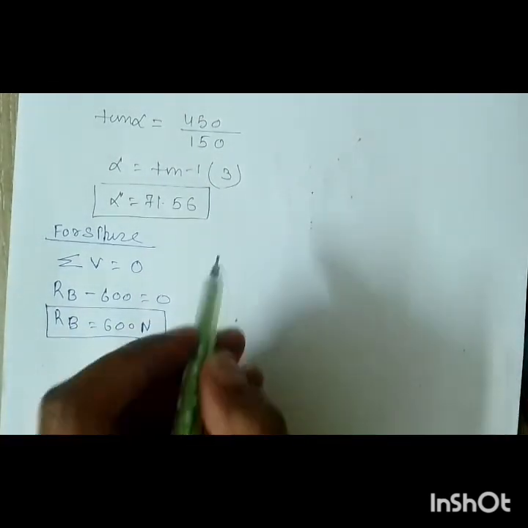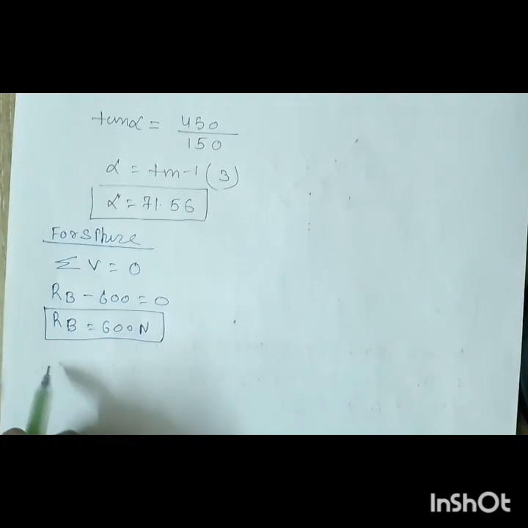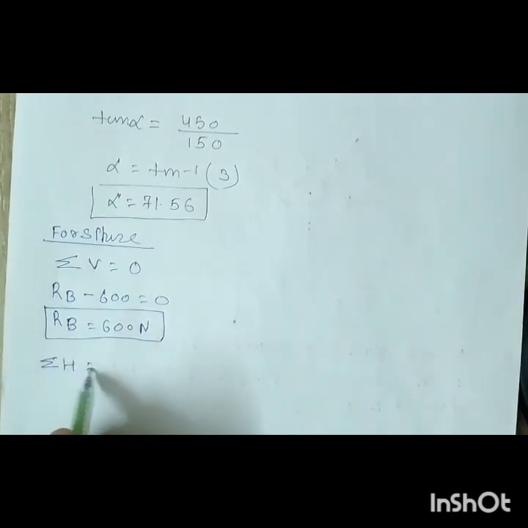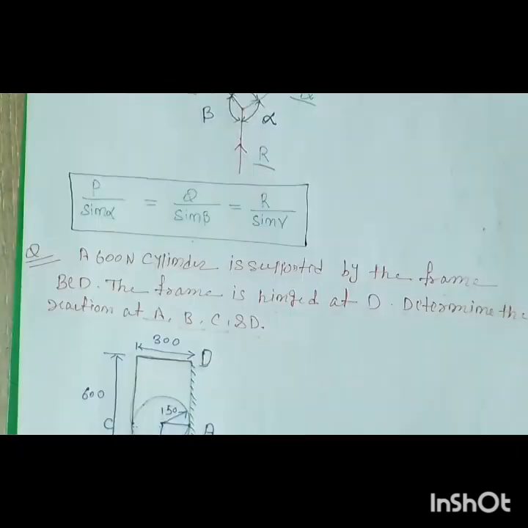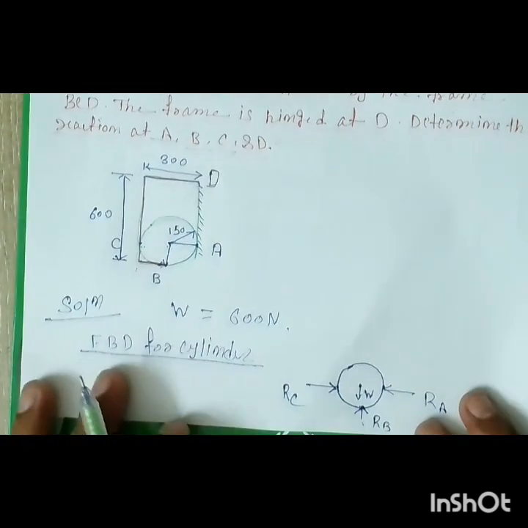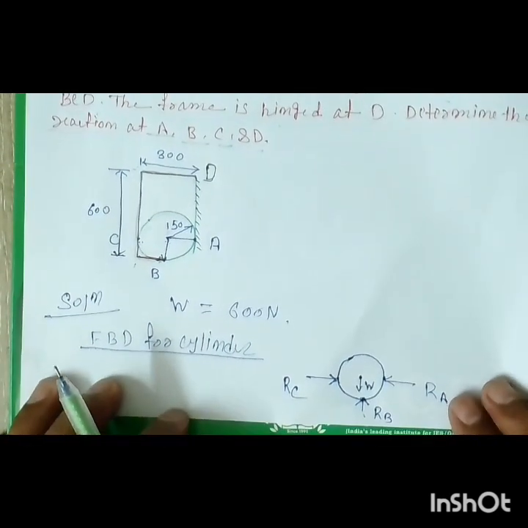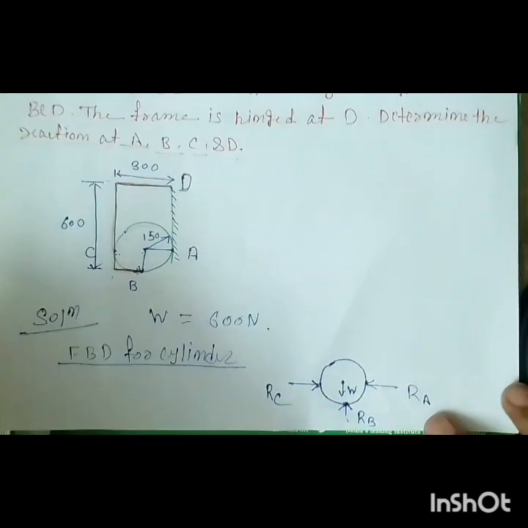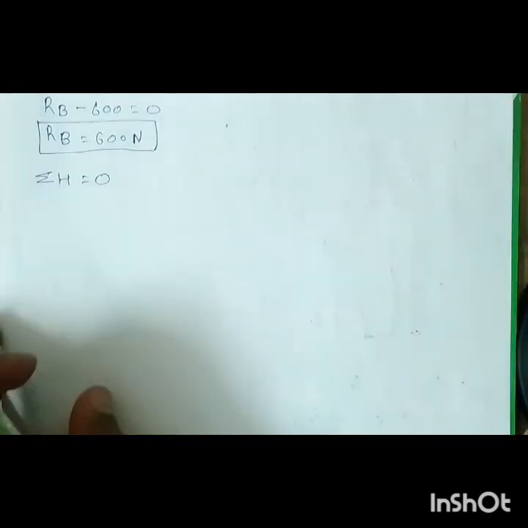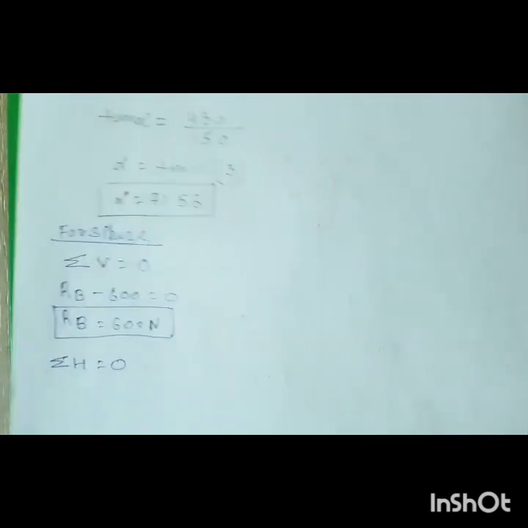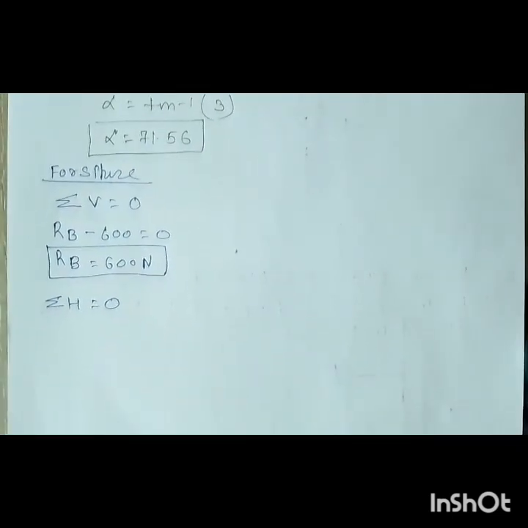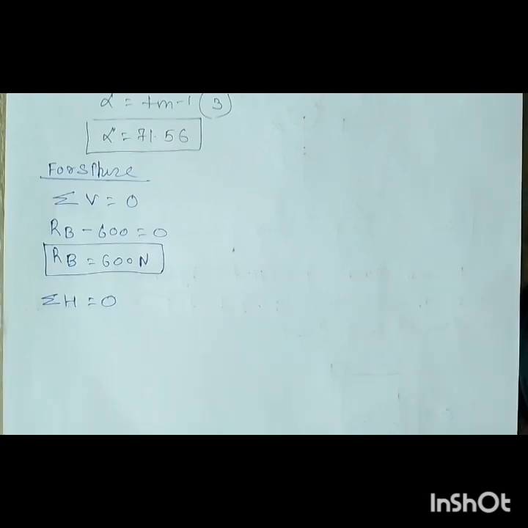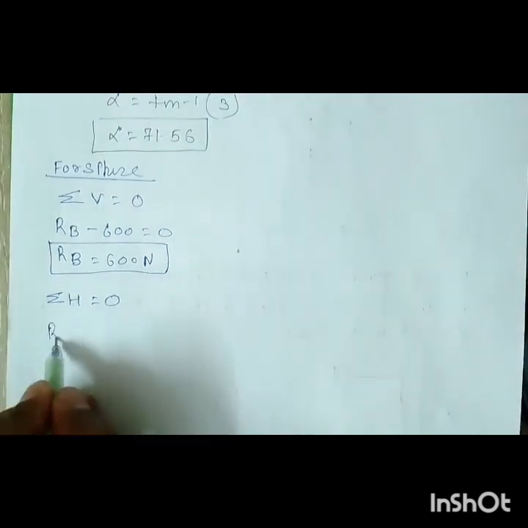Similarly, here only you can write for the sphere itself, summation H is equal to 0. So summation H means you have RC to the right and RA to the left. So summation H is equal to RC.